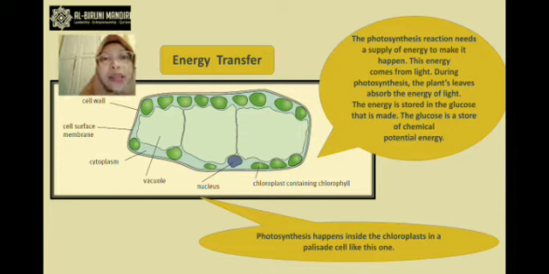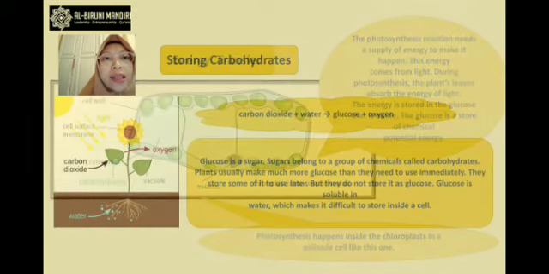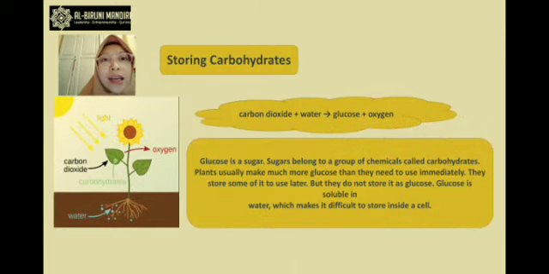Okay, my students, this is the plant cell, and the plant cell has the chloroplast, and this is the place of photosynthesis, because inside the chloroplast is chlorophyll, the green pigment of photosynthesis. And this is how it makes carbohydrate or glucose for energy.